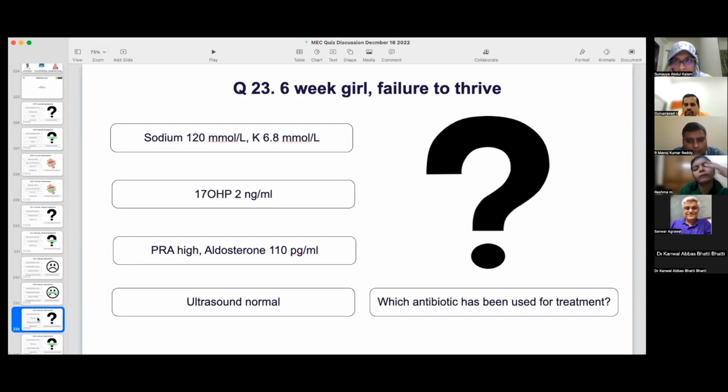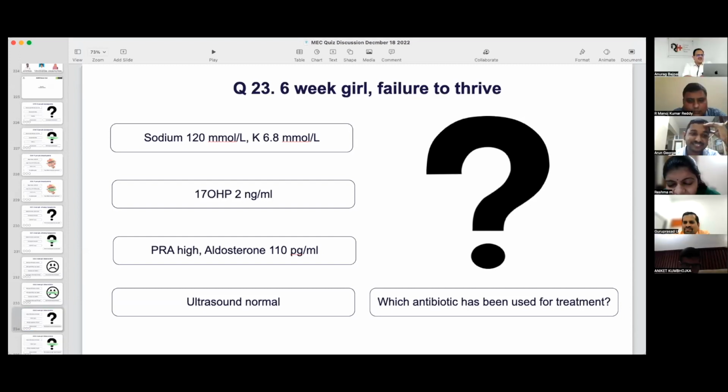Is it trimethoprim-sulfamethoxazole? You are closer, but no, not yet. Then we have Dr. Arun. Just a blind guess. Penicillin. Okay, we'll come back and see if that will be awarded or not.